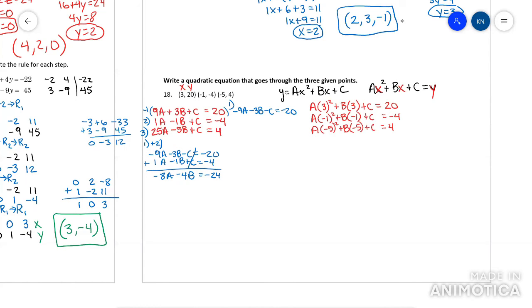Now I need to do it again. So I'm going to do equation 1 plus equation 3 this time. So it's going to look like this. Add them together.